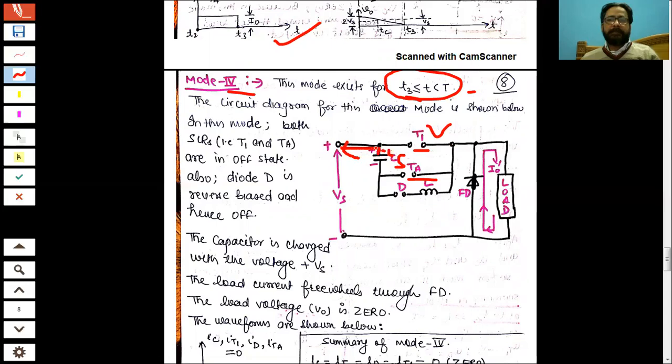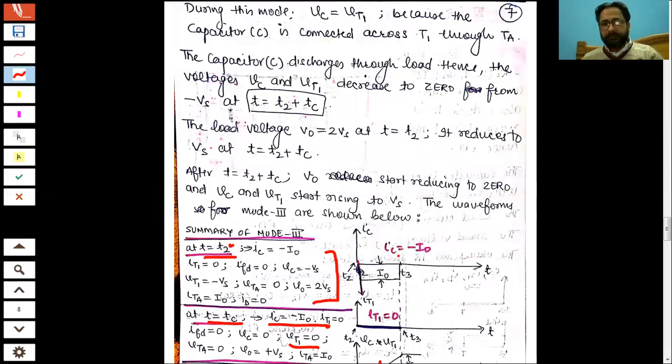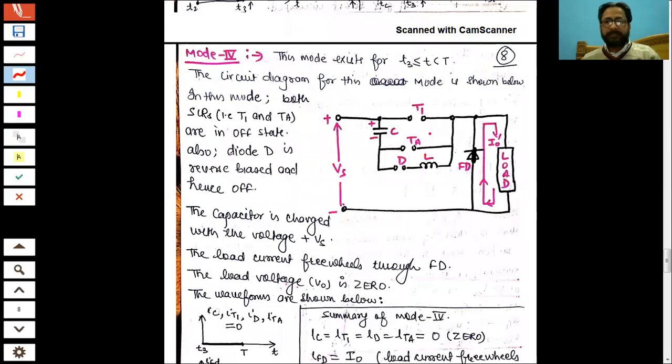If it needs to flow back, you need to turn on this switch, so that cannot happen either. The current cannot flow back to the main supply even if you turn on the main switch, right? So in mode 4, you can see main SCR is off, auxiliary SCR is off, diode is off.